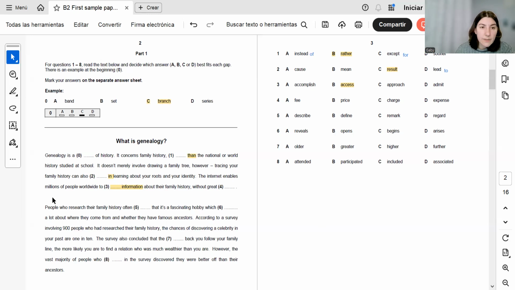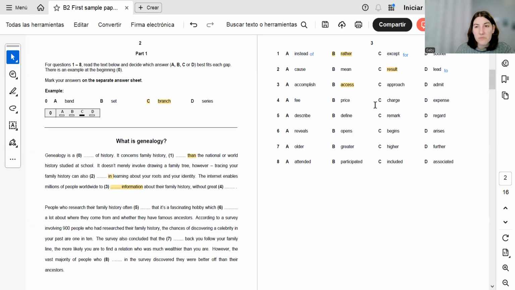Okay, and the last one here. So the internet enables millions of people worldwide to access information about their family history without great fee. No, because fee is something that you pay at a museum, university. Price, without great price doesn't sound quite right.